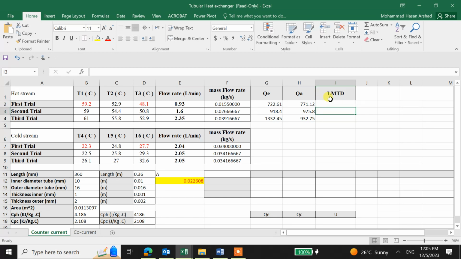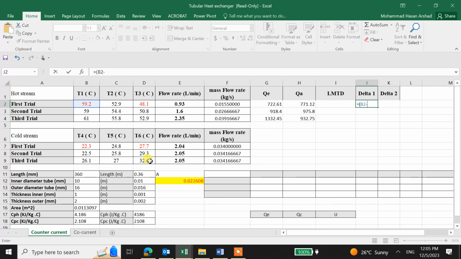Before LMTD we can find delta T1 and delta T2. This data is for counter current. So in counter current, what we have at one end, hot in minus cold out.